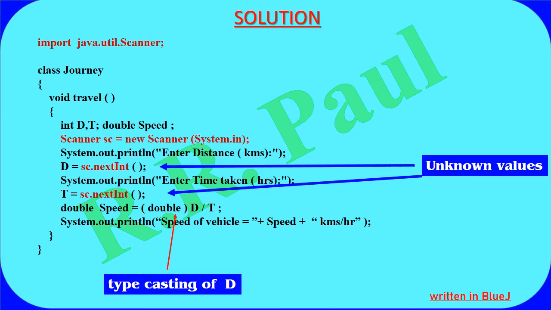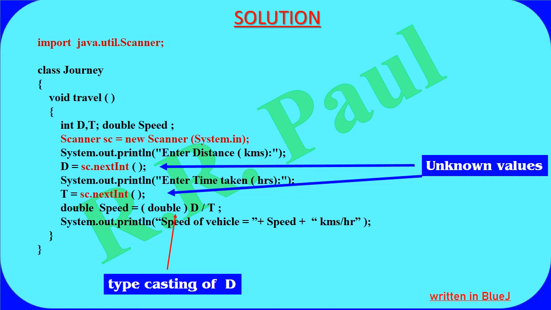Now in the program, we have integer type variables d and t, d for distance, t for time obviously, and then double type speed is taken. I have declared double type speed because the value of speed can be a fractional value, as d will be divided by t, distance will be divided by time.